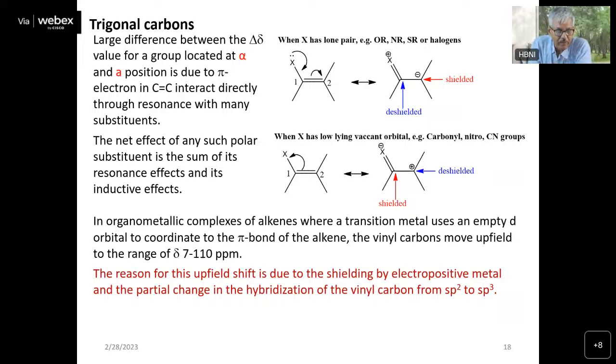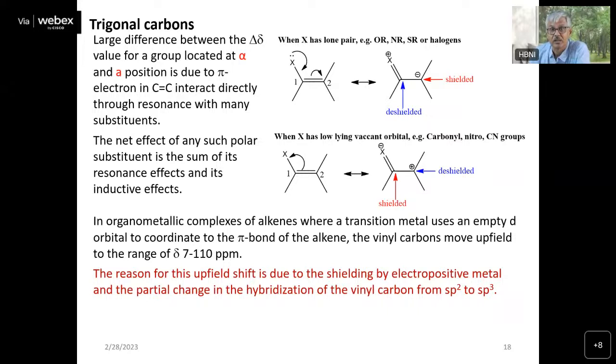Now another class of compounds is the organometallic complexes, where the alkenes form complexes with various transition metals. They use their empty d orbitals to coordinate with the pi bond of the alkene. In that case you will see the vinyl carbons move upfield, like protons. If you remember, yesterday I was telling you the proton chemical shifts were even minus 28 also.